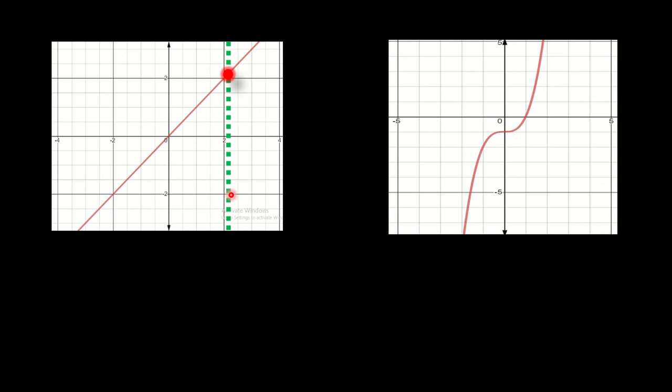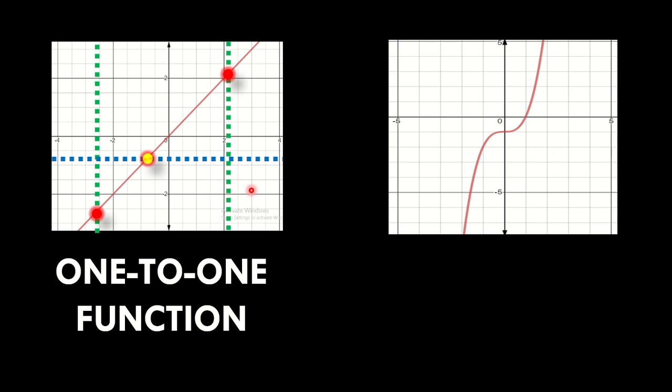Now let's use the horizontal line test. There's only one point. If you draw multiple horizontal lines, there's only one point that will intersect each horizontal line. If that's the case, we can say that this is a one-to-one function.